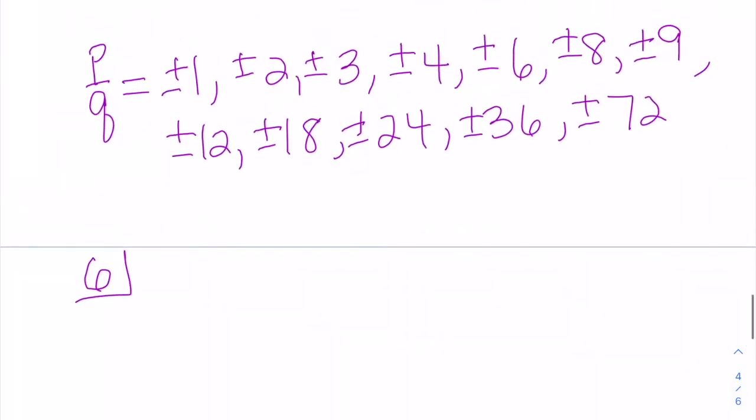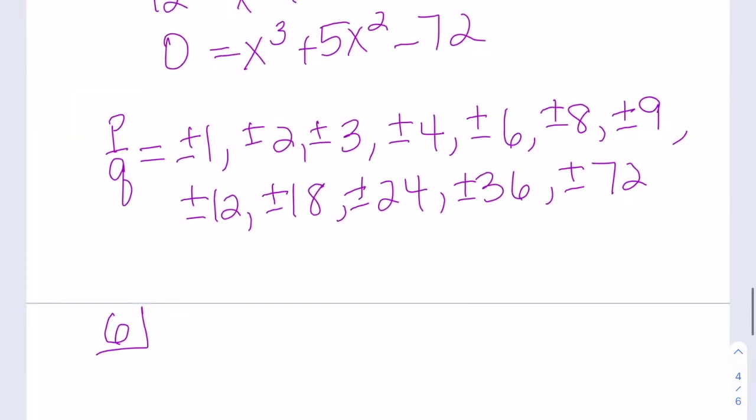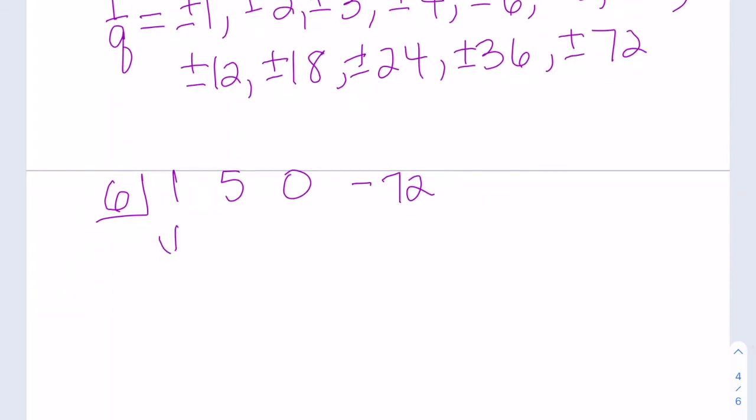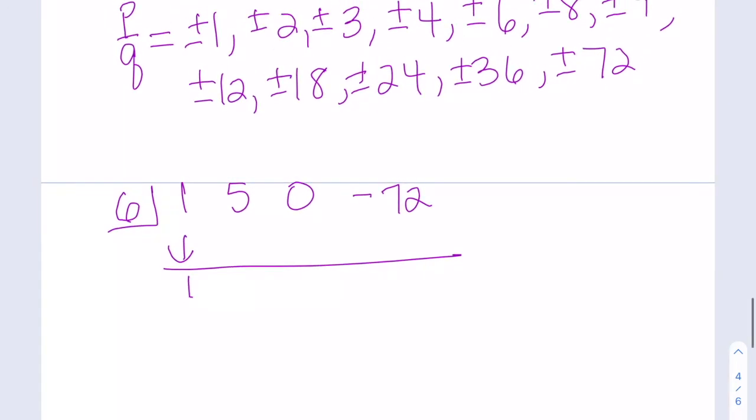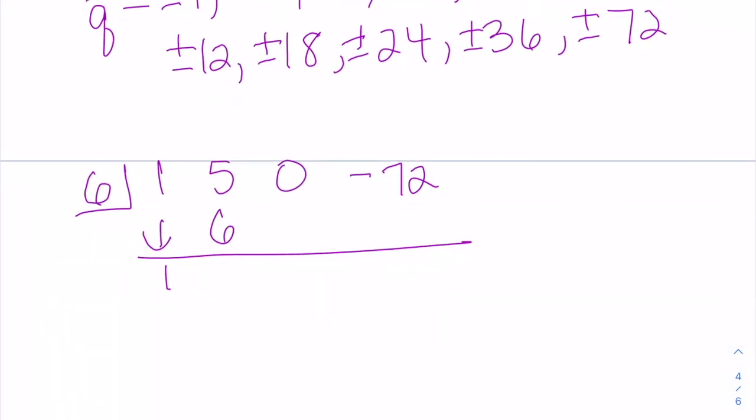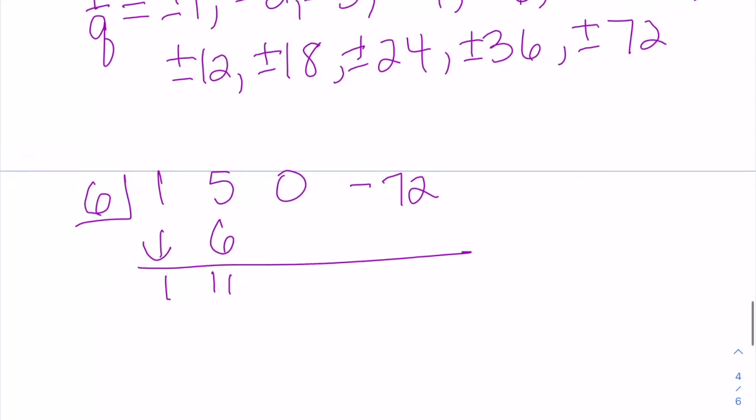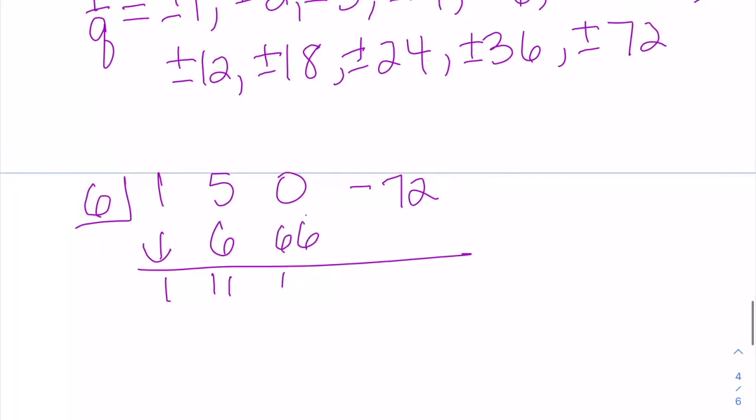Okay, again, the coefficients were 1, 5, 0 because there's no x, and negative 72. So when I plug that in to synthetic division, I get 1, 6, 11, 66, and then 66 times 6, 396, remainder of 324.